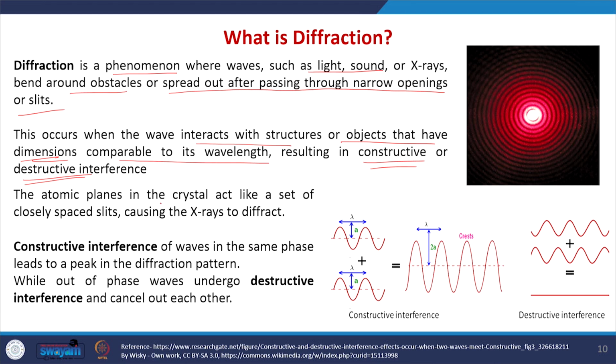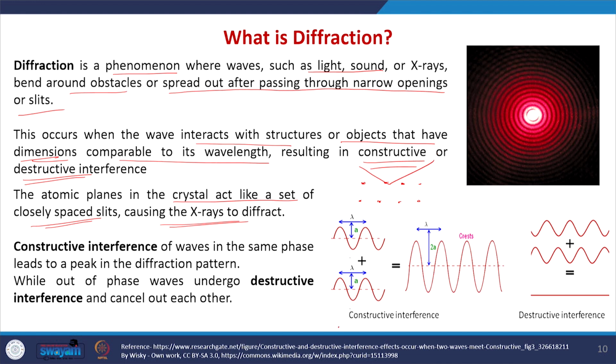The atomic planes in the crystal act like a set of closely spaced slits, causing the X-rays to diffract. So, if we take a crystal, these atomic planes act like slits, and they make the X-rays diffract.